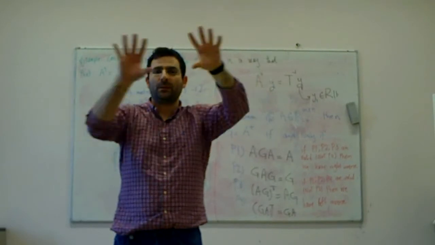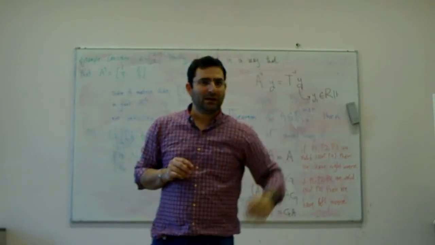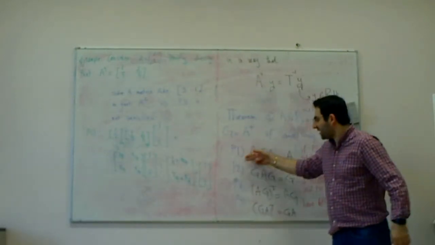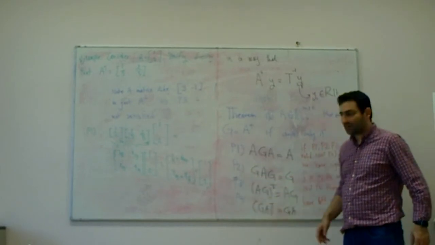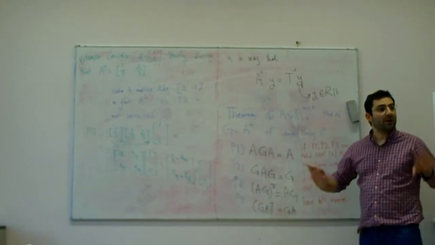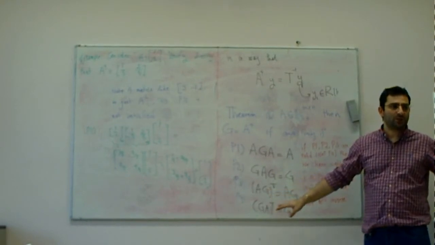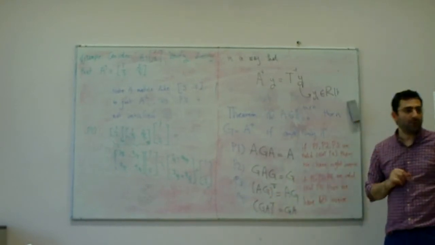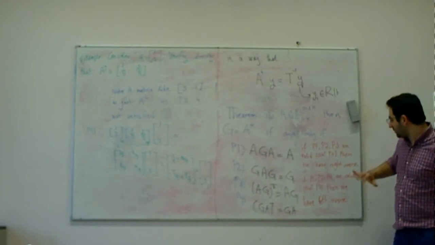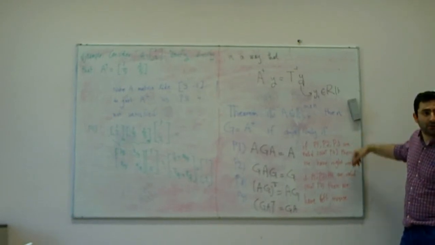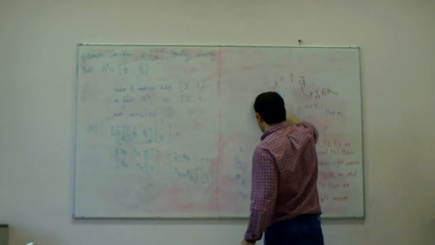You multiply by A and you get the identity matrix. Here, you have to check all the conditions. If one or two, one of them fails, it's failed. It's not an inverse at all. But if P3 or P4, one of them fails, we check if it is a right inverse or a left inverse. If P1, P2, P3, P4 all stand, then we have a pseudo inverse.